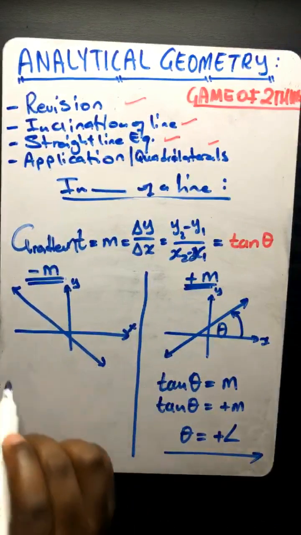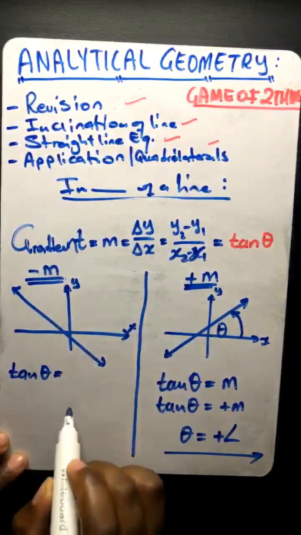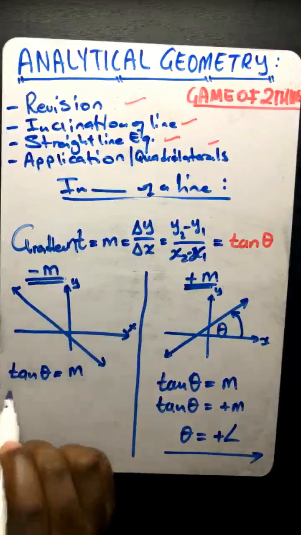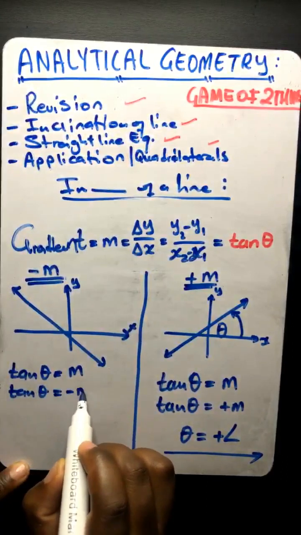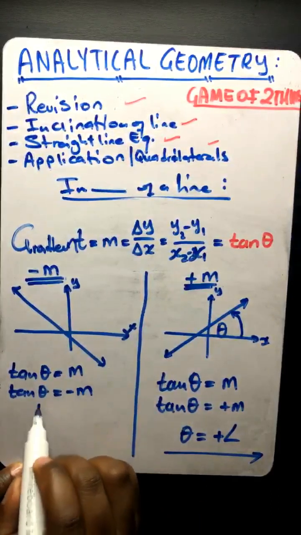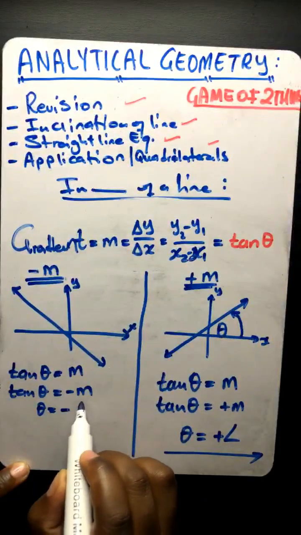So now, when you use this formula of tan angle equals gradient, you are going to therefore say tan angle is equal to a negative gradient. And I'm telling you now, it will always give you a negative angle.